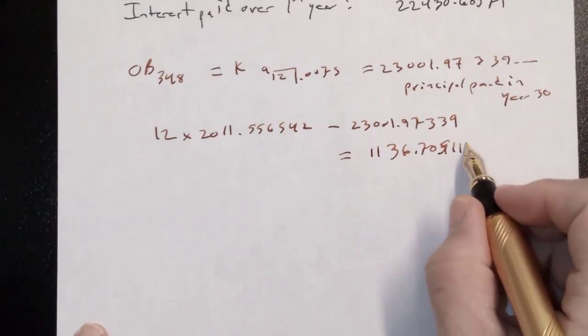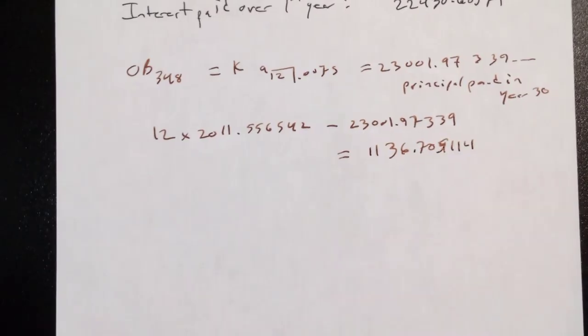I got a slightly different decimal, but I think that's because we rounded in different places. It's okay. But take a look at that. In the first year, I only paid $1,700 in principal and $22,000 in interest. In the last year, I only paid $1,100 in interest.